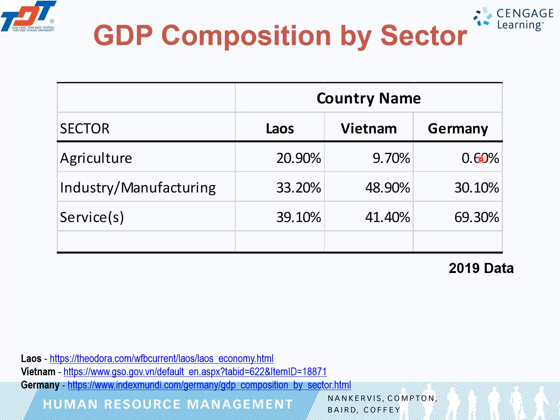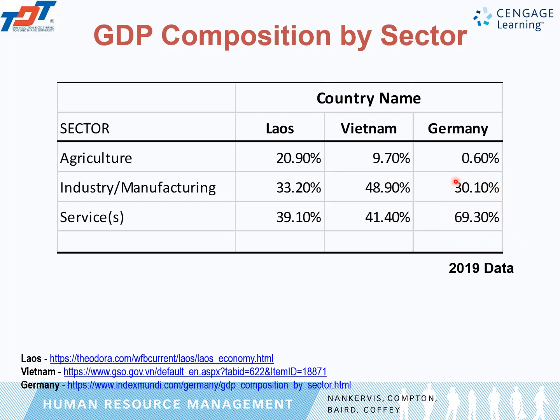In comparison, Vietnam's agricultural sector generated less than 10%, and in Germany, look here, less than 1% of the entire GDP is generated by agriculture. So the most developed economies are focusing on services.